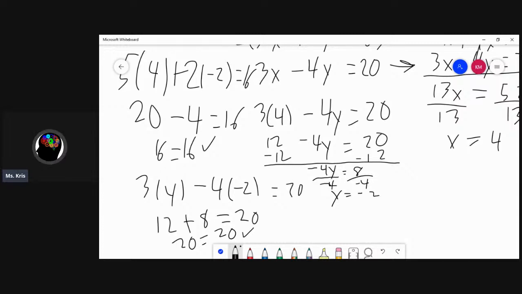Any questions on the multiplying 1 equation?